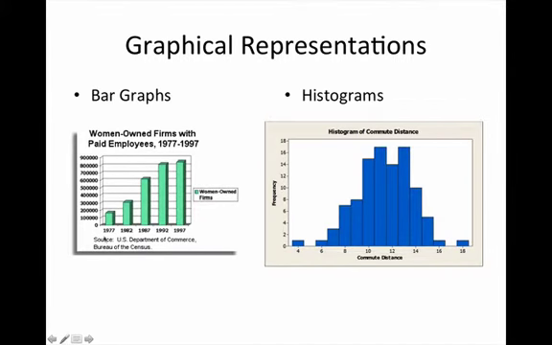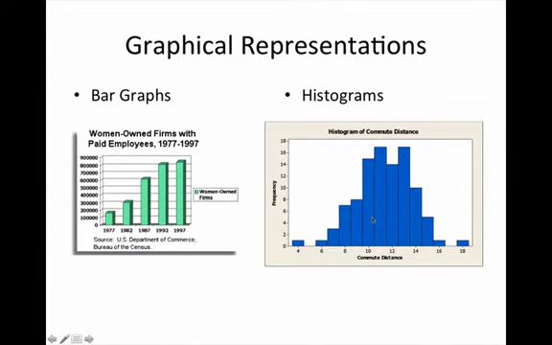And so we can see that across this bar graph, we have the rates of women-owned firms increasing significantly from 1977 to 1997. So across this 20-year period, we see quite a significant increase of women-owned firms from about 12,000, it looks like, to a little over 80,000.